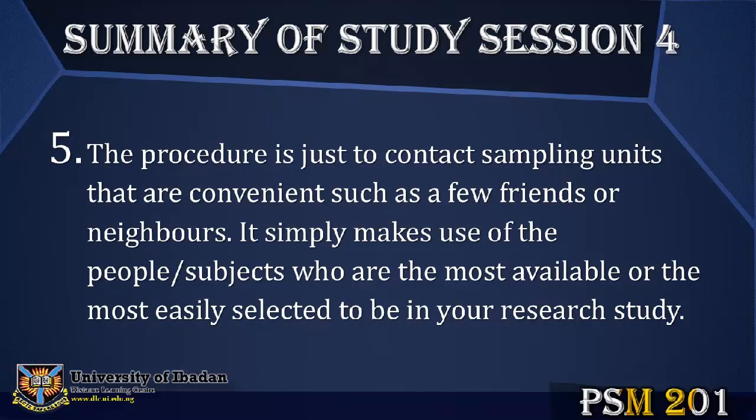For convenience sampling, the procedure is just to contact sampling units that are convenient, such as a few friends or neighbors. It simply makes use of the people or subjects who are the most available or the most easily selected to be in your research study.